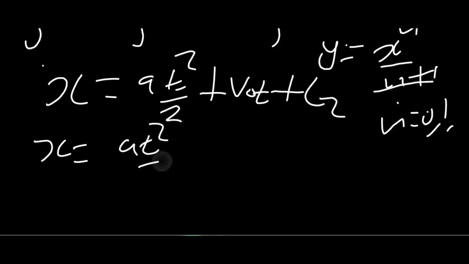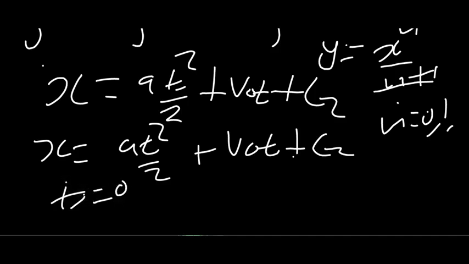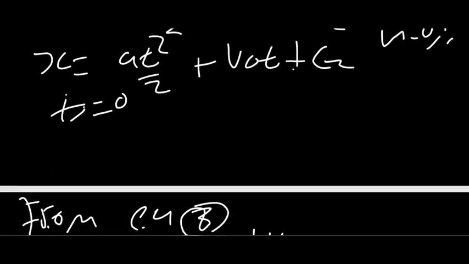So this is actually a t squared over 2 plus v naught t plus c2. Because you are still talking about an object that started from rest, and at rest you know to say t is equal to 0.